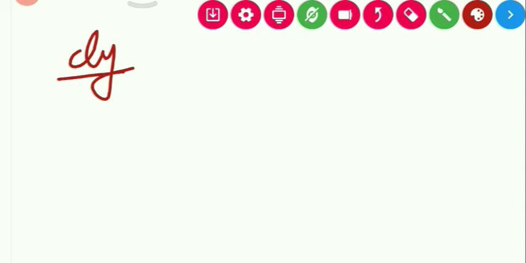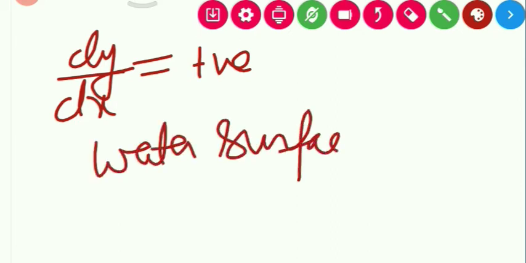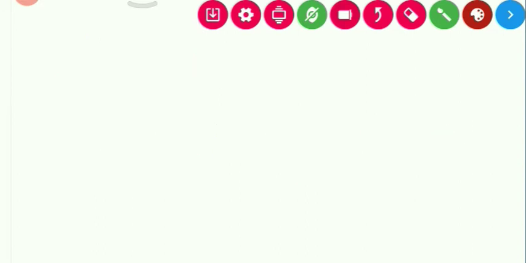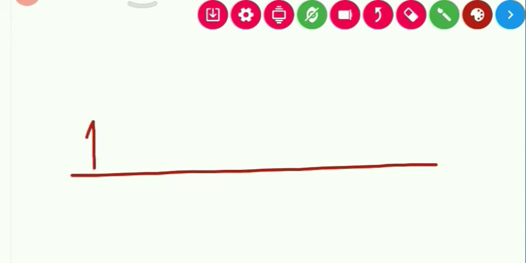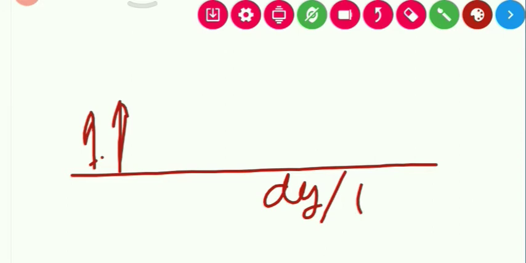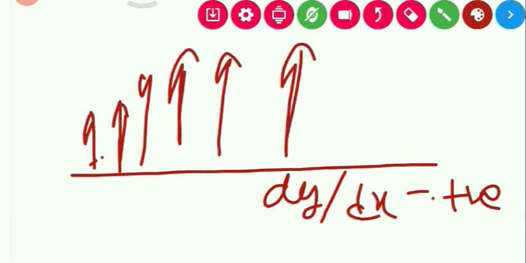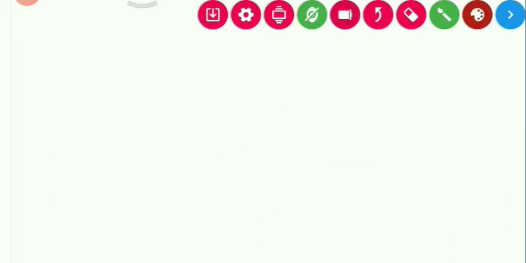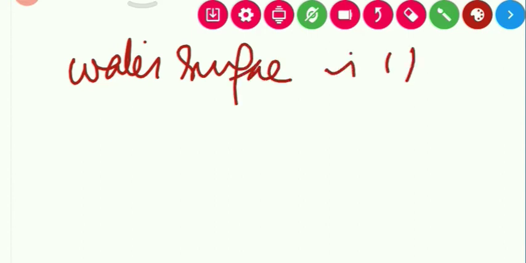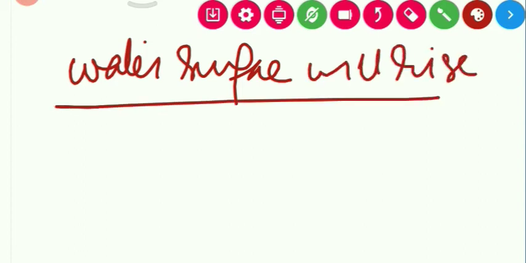Here one thing is to be noted: if dy by dx is positive, meaning the depth of the flow is continuously increasing along the x direction, then the profile of the flow will be rising, hence the water surface will rise.